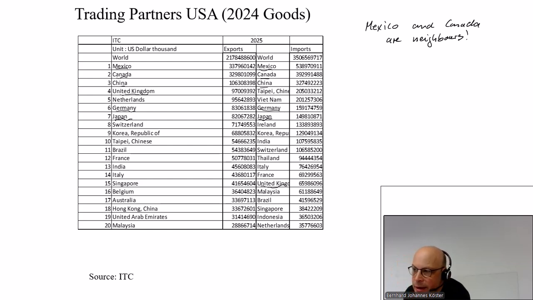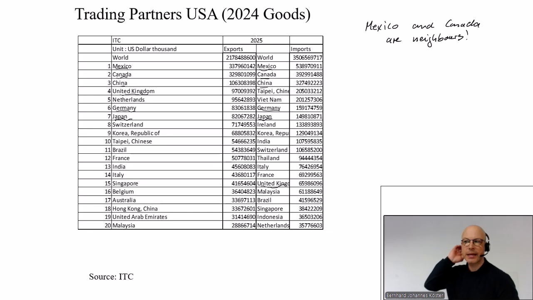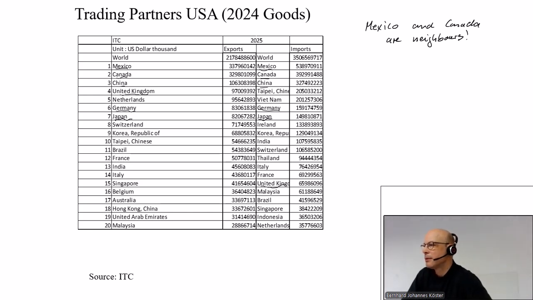And maybe there are some economic aspects which are similar to the German economic performance in the world.